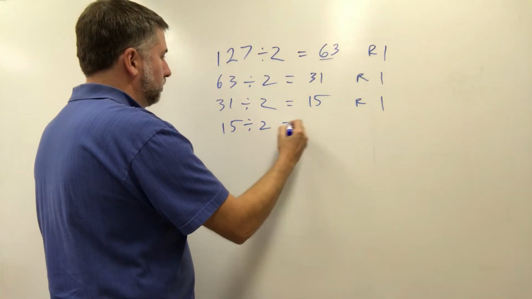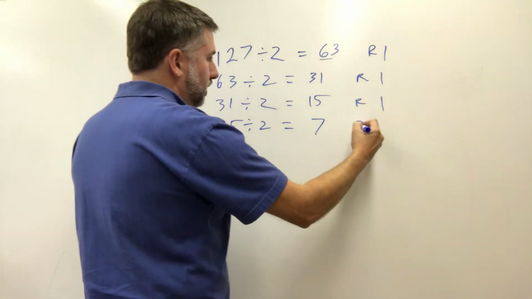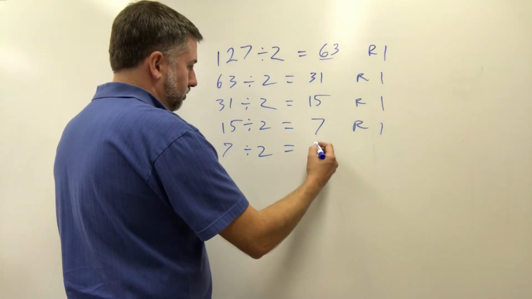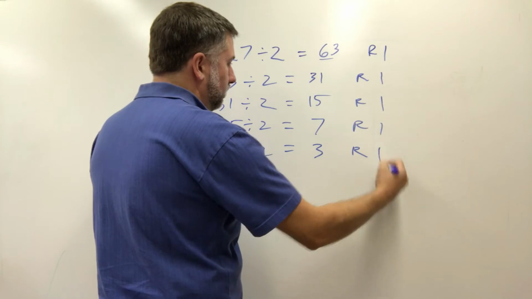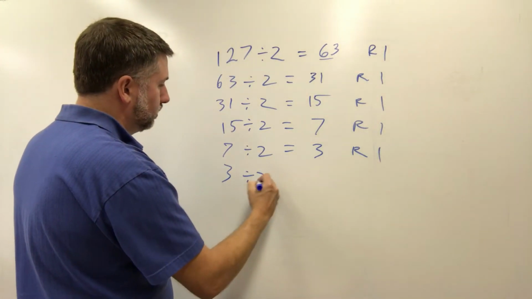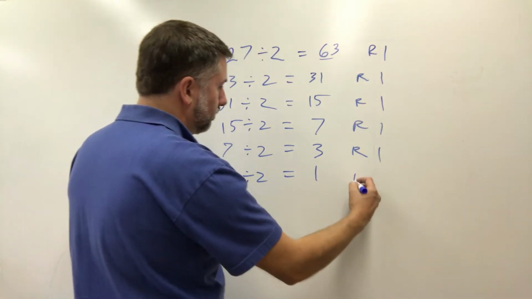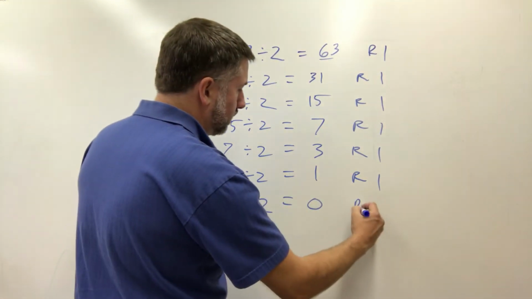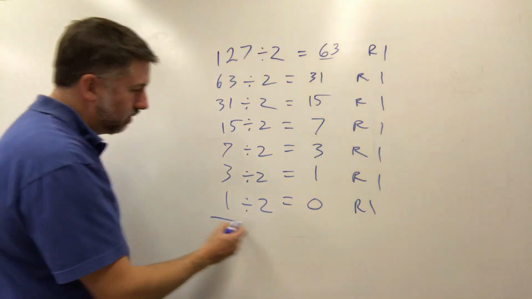15 divided by 2 is 7, remainder 1. 7 divided by 2 would be 3, remainder 1. 3 divided by 2 is 1, remainder 1. And 1 divided by 2 is 0, remainder 1. This is always going to be our last step.